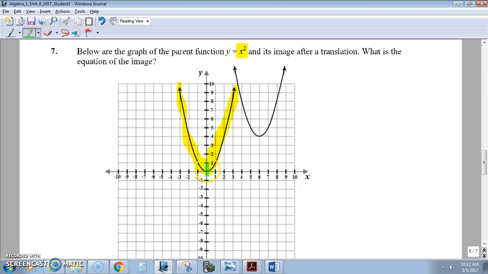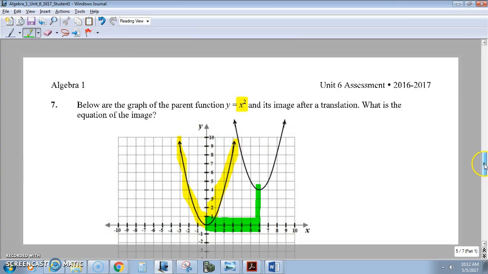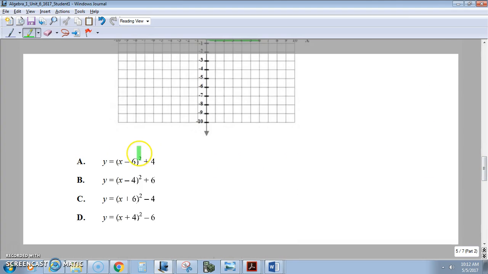The vertex has gone to the right 6 and then up 4. Okay, so it's gone to the right 6 and up 4, and that's going to be A. And remember, it's counterintuitive, but this subtraction here means to the right, and positive means up. Okay?